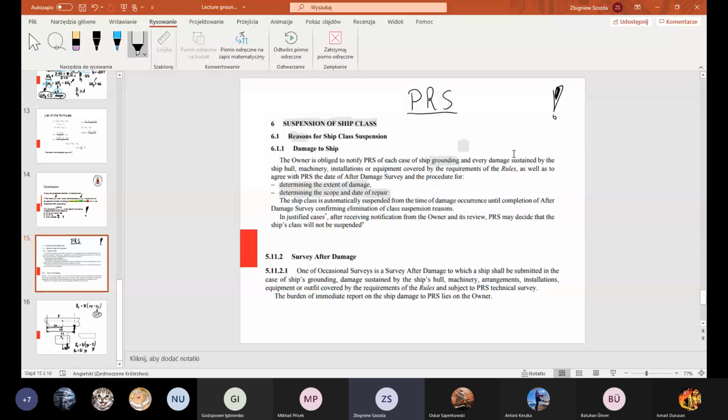So after grounding, the grounding shall be reported to Polish Register of Shipping, to any classification society, and it should be agreed what to do further to determine the conditions to take the validity of the class back.